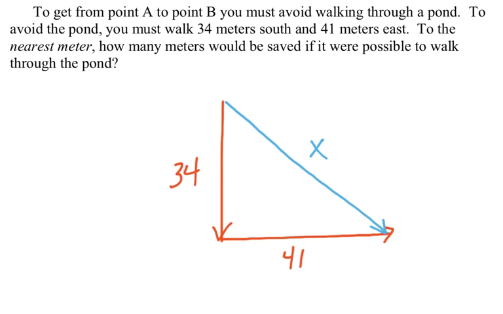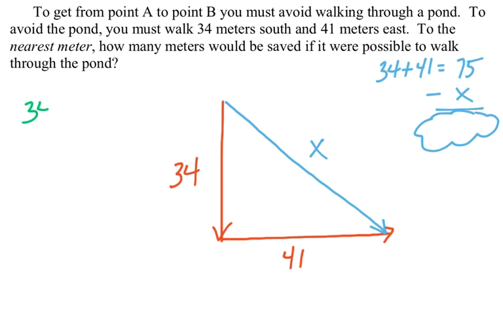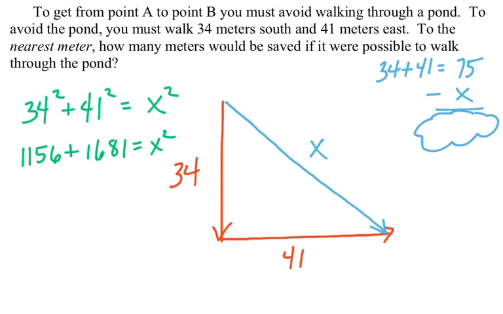Well, our final answer is going to be 34 plus 41. That's 75 meters. Our answer is going to be what happens whenever we subtract x. But we first have to find x. And to do that, we'll use Pythagorean Theorem. So 34 squared plus 41 squared equals x squared. So you get 1,156 plus 1,681 is equal to x squared.